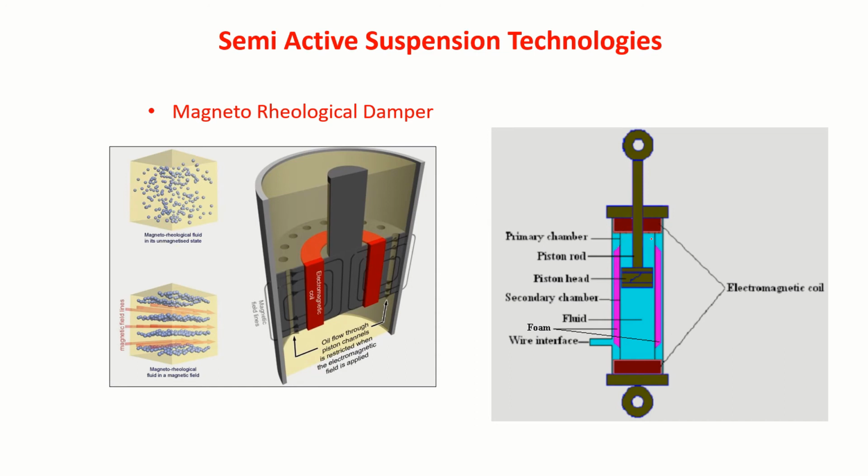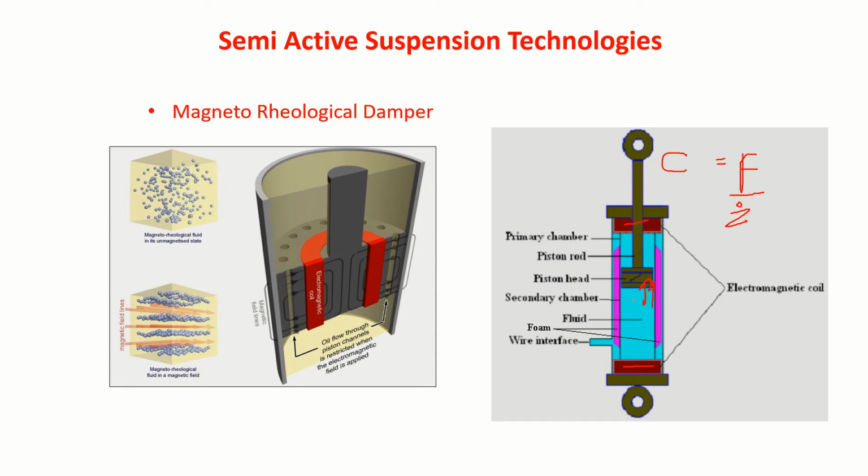Consider your conventional damper. Here you have the rheological fluid. Suppose you have electromagnetic coils over here. If you pass the current, based on the current value, the rheology of this changes. So when the piston moves through this, as I said, damping coefficient is force by velocity.